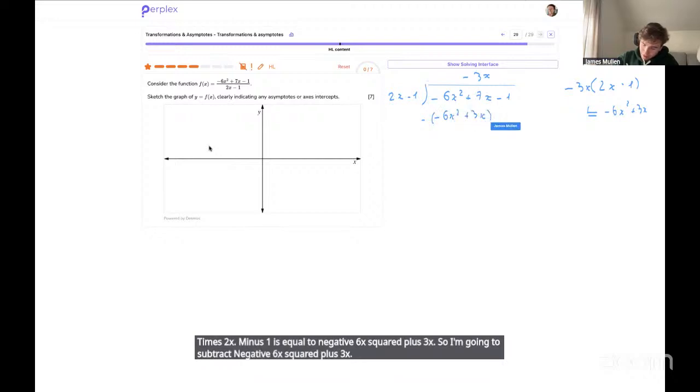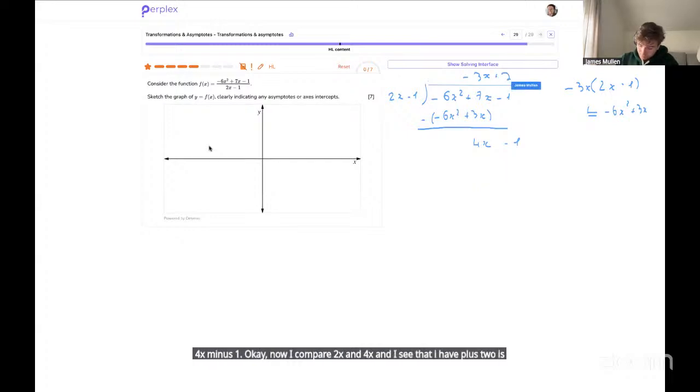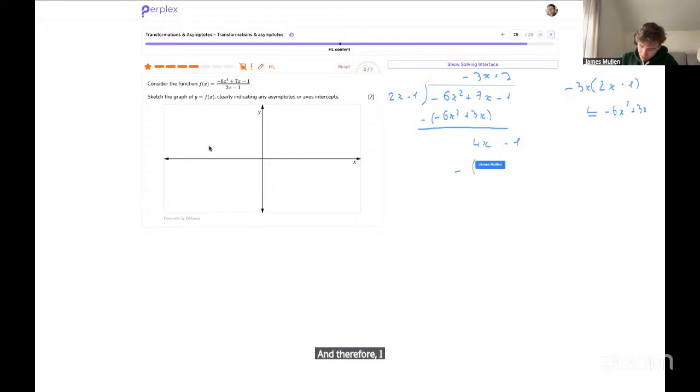That is going to give me 4x minus 1. Okay, now I compare 2x and 4x, and I see that plus 2 is the next term. And therefore, I'm going to subtract 4x minus 2. And that leaves me with a remainder.